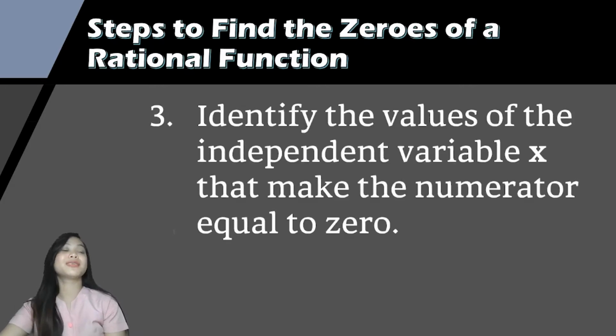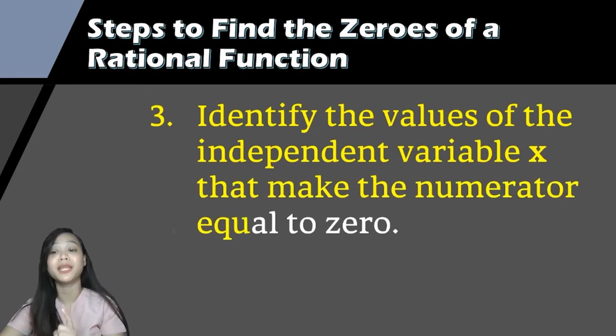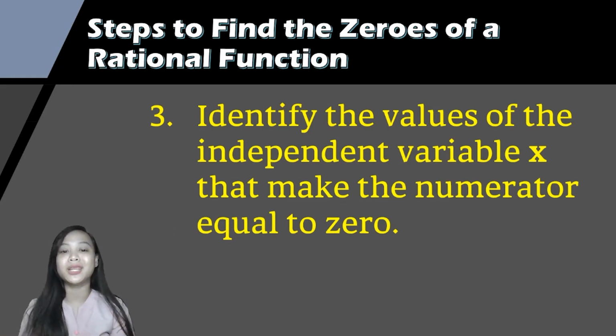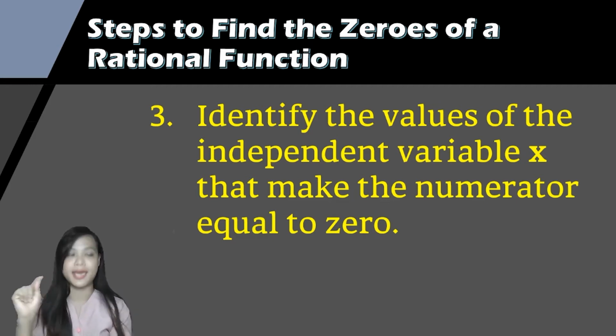For the third step, we need to identify the values of the independent variable x that make the numerator equal to 0. How? We can equate the numerator to 0, then get the value of x, the independent variable.